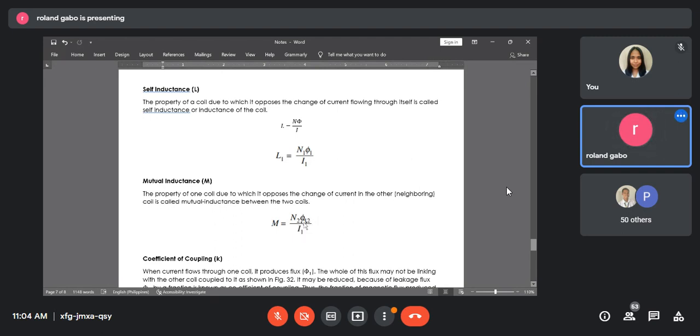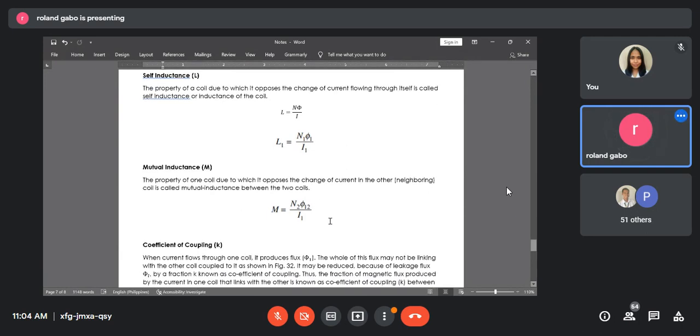So, multiply it with the flux, common sa 1 and 2, meaning flux nga niabot ni 2 coming from 1. So, flux 1, 2. Then divided by the current consumed by coil number 1.